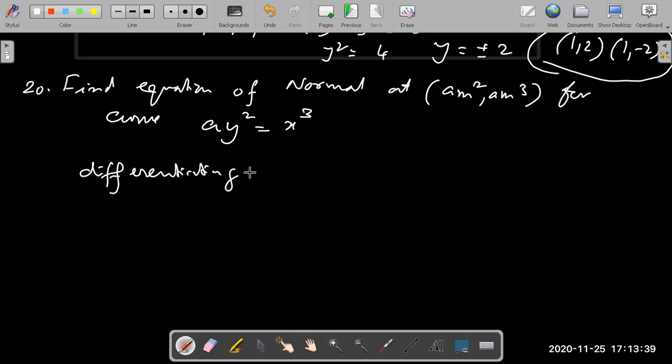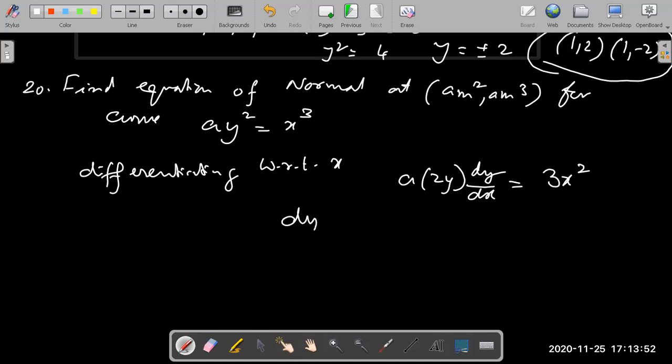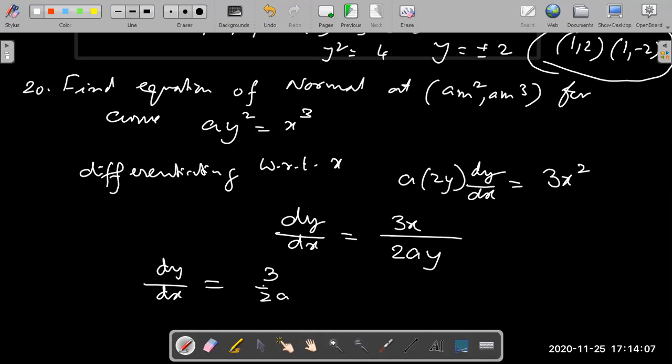So we will get, with respect to x, a into 2y into dy by dx. This is left side differentiation. Right side differentiation is 3x squared. So you will have dy by dx equal to 3x squared by 2ay. So y, we can substitute this value. That means dy by dx equal to 3 by 2a, x squared divided by y, and y is equal to square root of x cubed by a.